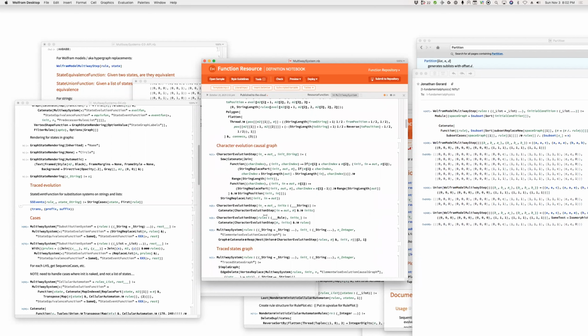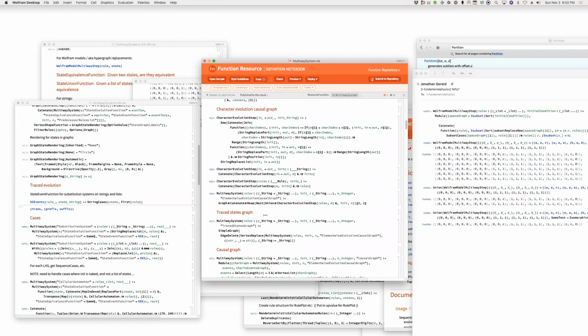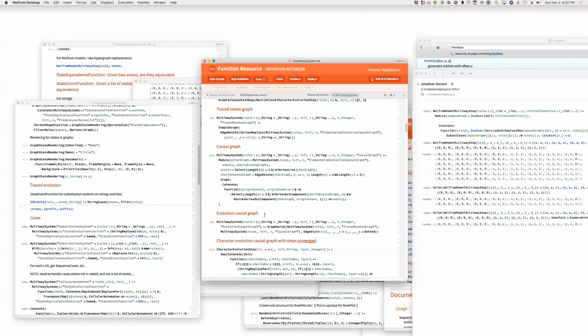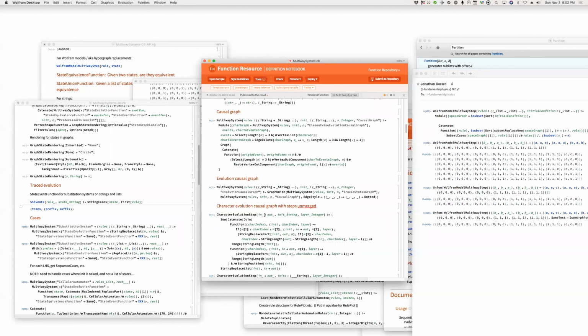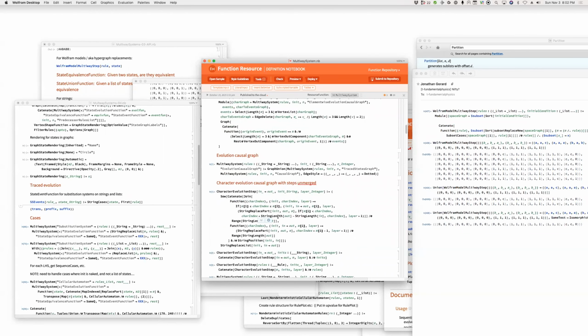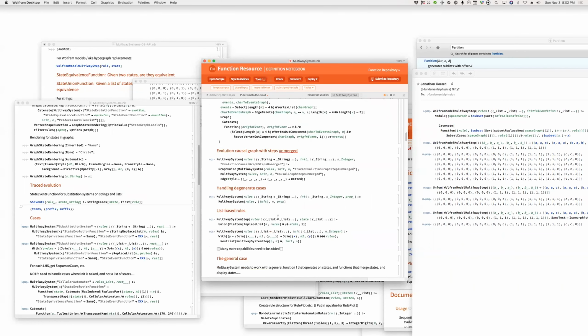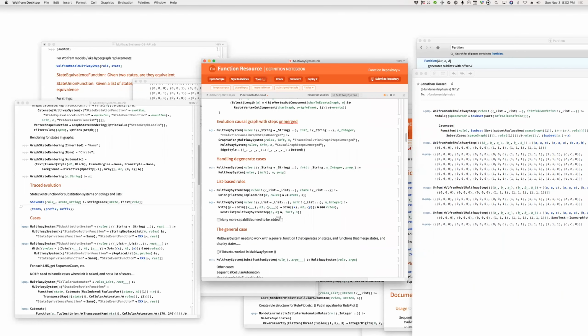What is the character evolution causal graph? Gosh. We can kind of get rid of this.